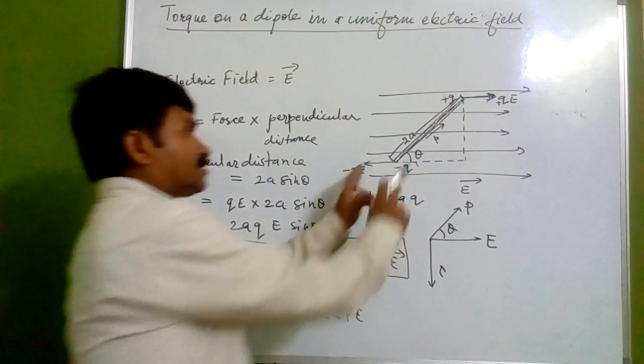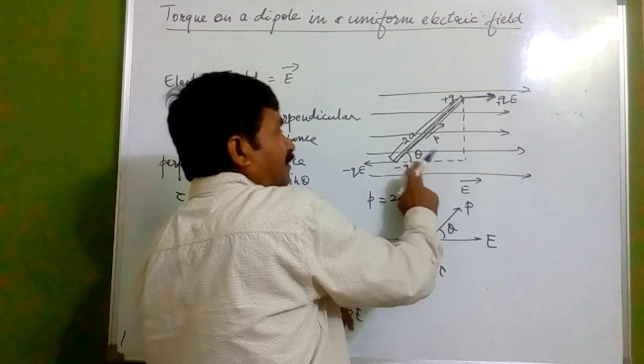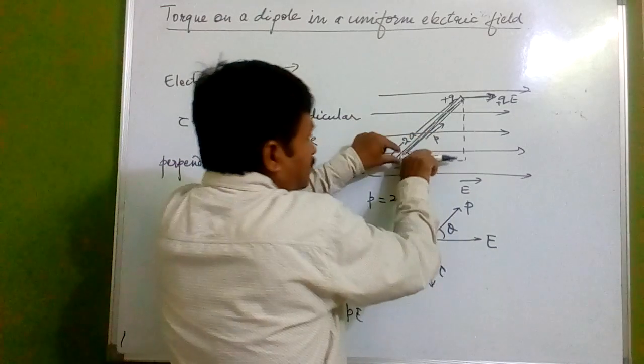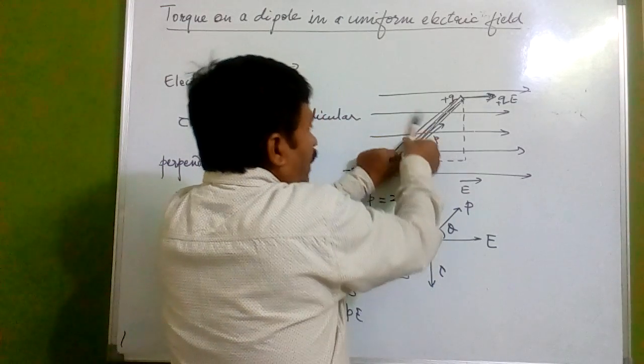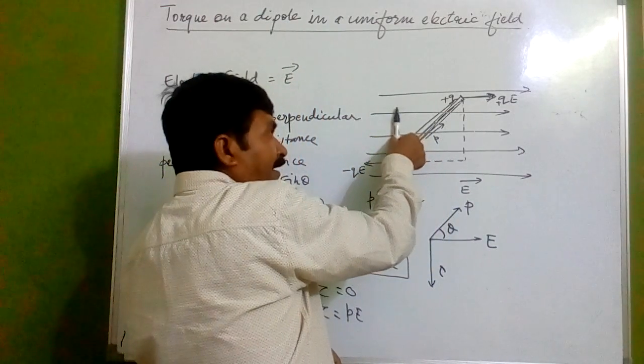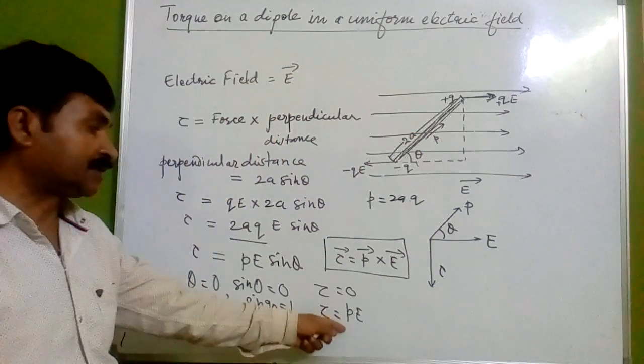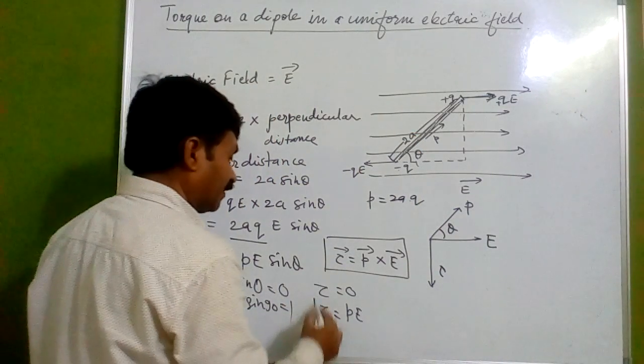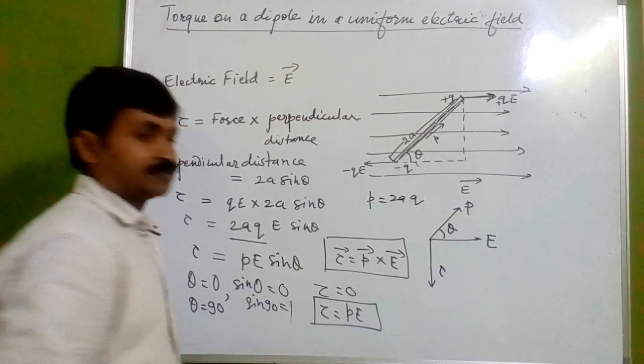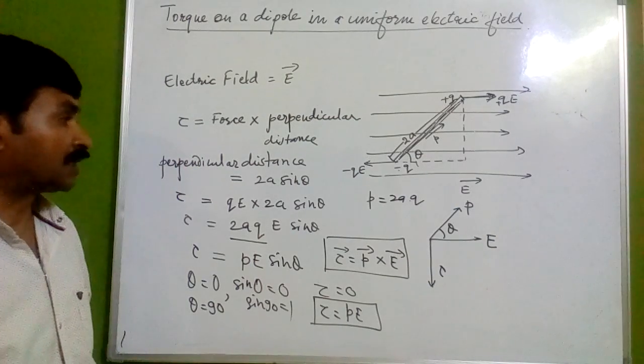If the dipole is like this, the angle is 0, and if it is like this, it will be 90 degrees, and the maximum torque is developed. This is the maximum torque we are having.